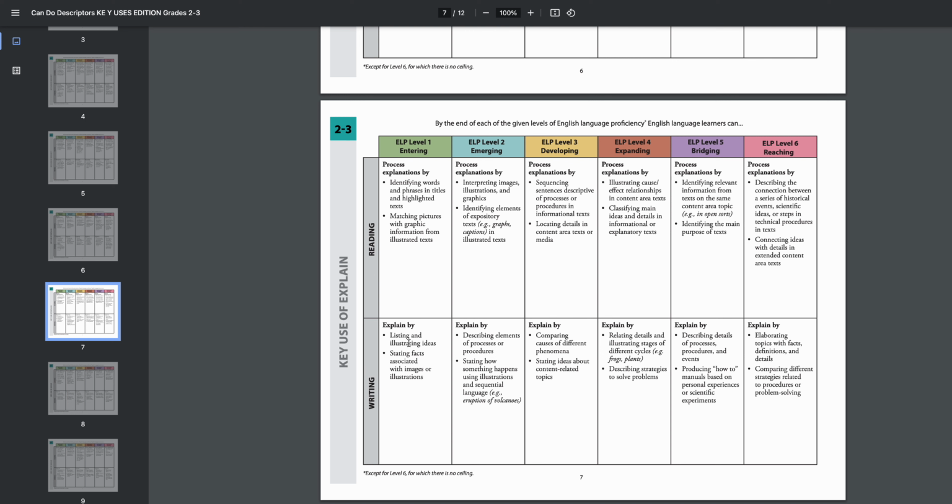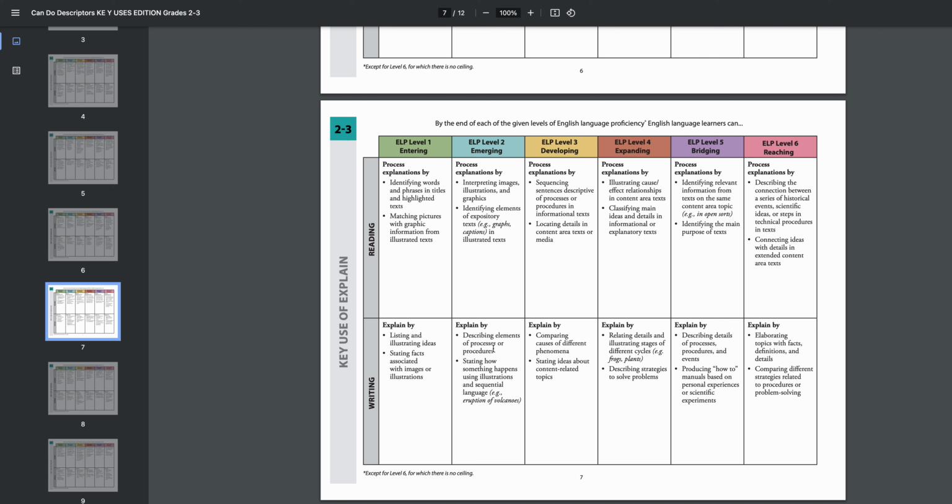So what I love about this document is it's really easy to make a differentiation plan based on the levels of your students, right? So if my student is in a level 1, they can show me they understand photosynthesis by listing ideas or stating facts in writing.